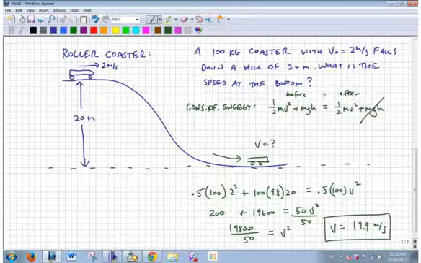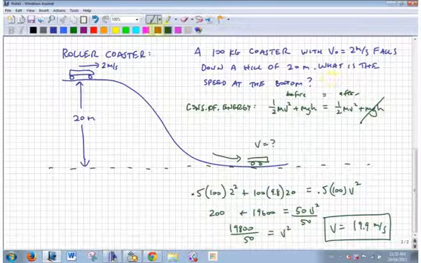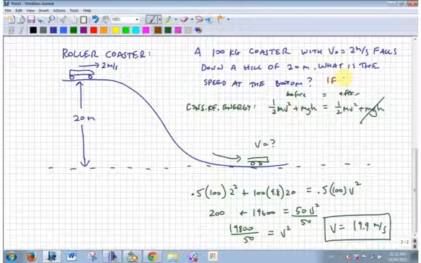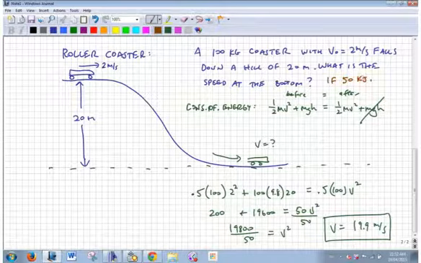So am I assuming some things here? I'm ignoring friction. Is that realistic? No. So how would this question differ if, I don't know, what did I say here? Something that's going to work.